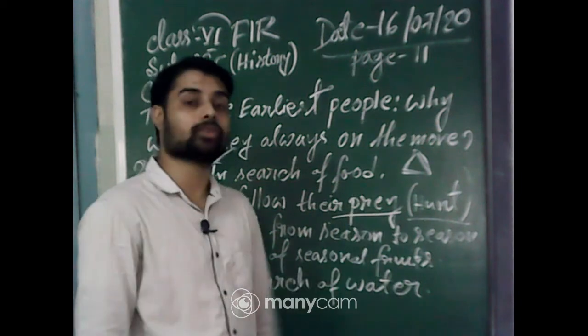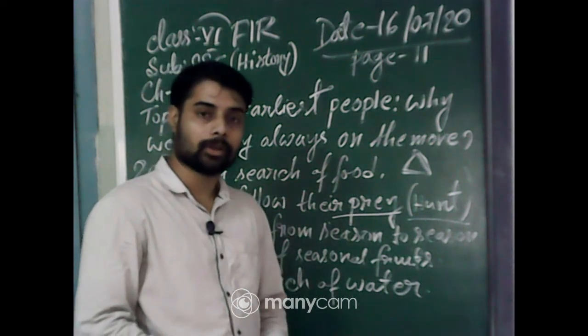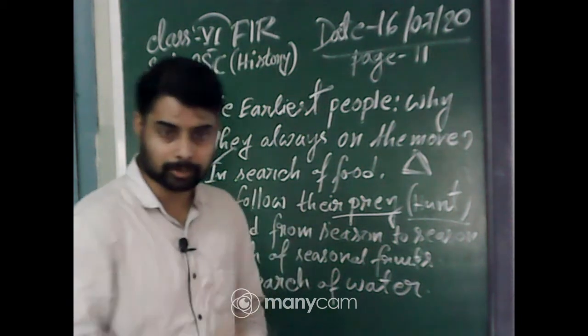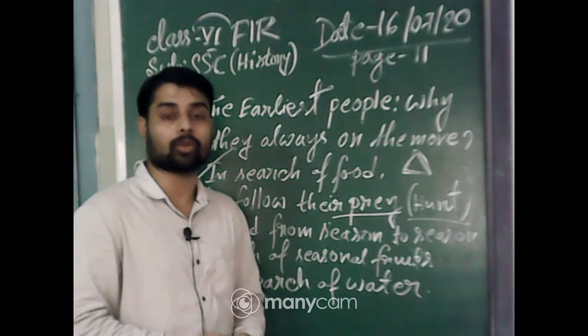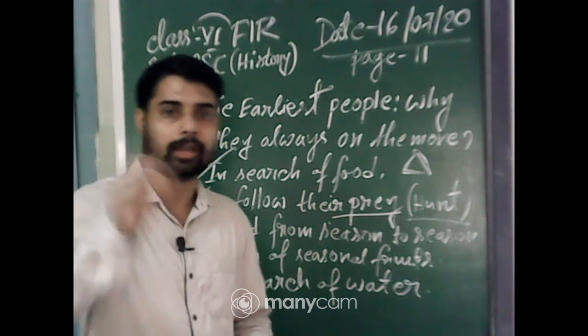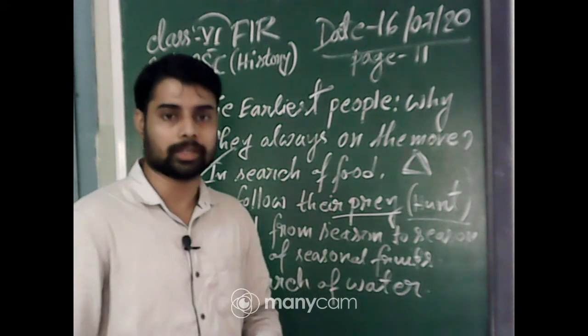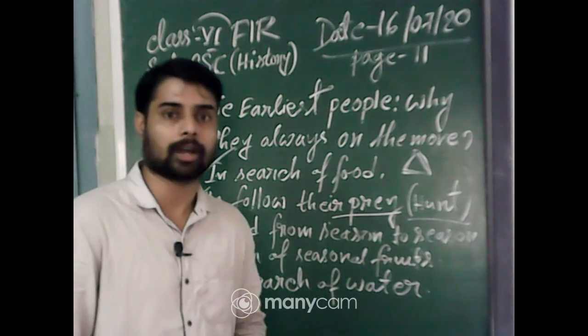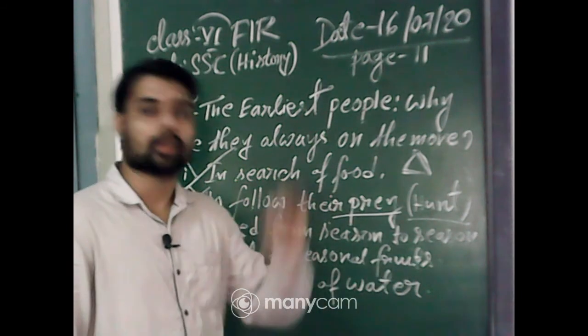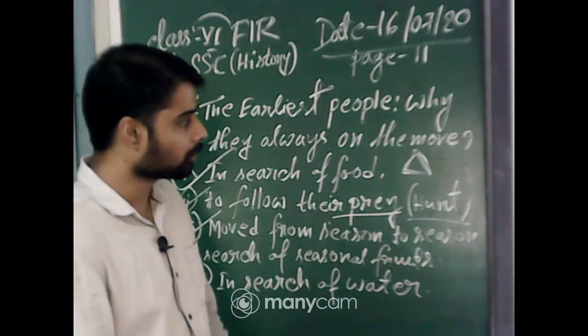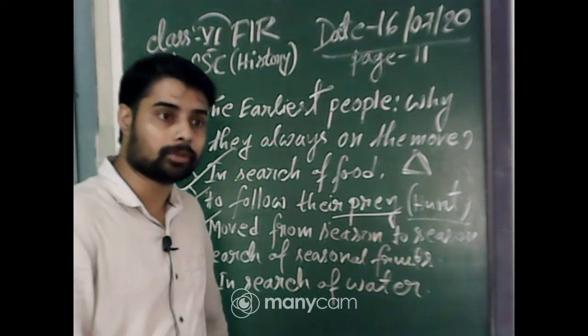Those places are actually situated on the banks of rivers. Bhimbetka is situated on the bank of the Narmada river and Hungsi on the bank of the Tungabhadra river. Tungabhadra is a tributary of the Krishna river. Hungsi is in South India, in today's Karnataka, and Bhimbetka is in today's Madhya Pradesh. So, those places are also situated on the banks of rivers.